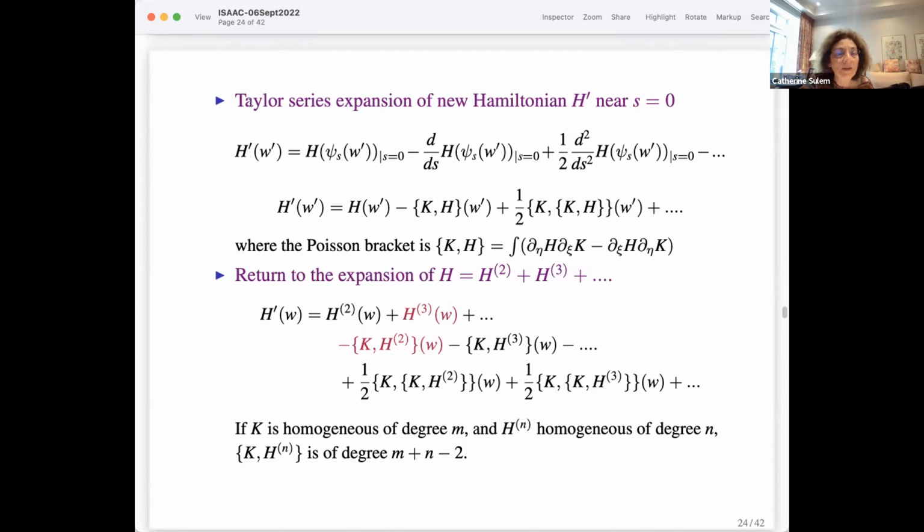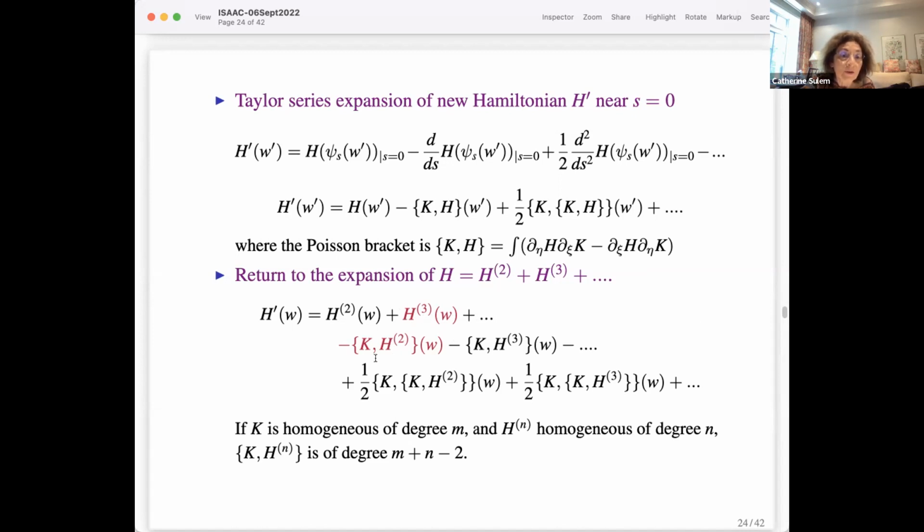And we combine this Taylor series expansion of H prime with the expansion of our Hamiltonian in powers of the variables eta and zeta, which leads to a new expression where H prime is the new Hamiltonian in the new variables. H2 is a quadratic Hamiltonian, and doesn't change. And then we have terms of various order. The two terms in red are terms of cubic order, of third order.